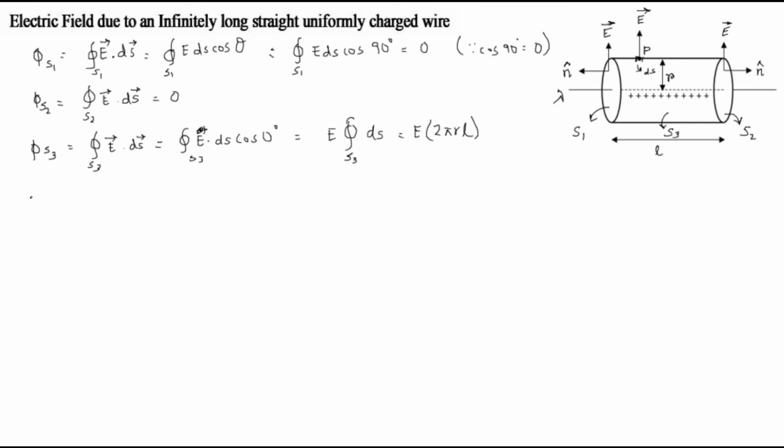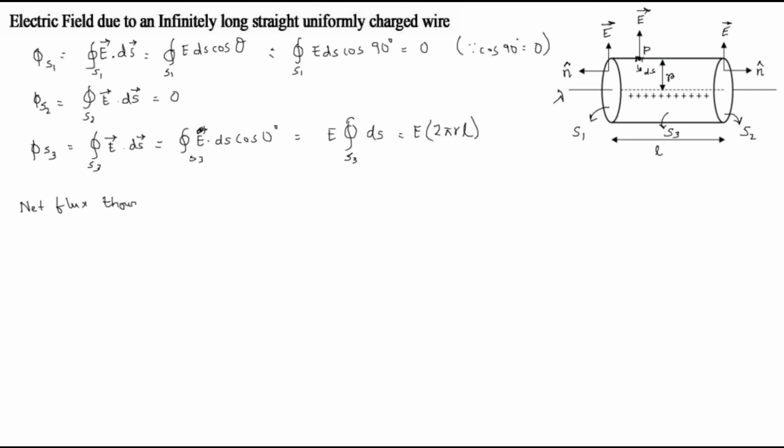So if we try to calculate the total flux or the net flux through the Gaussian surface, so here the Gaussian surface is the entire cylinder, not just this curved surface, so the entire one.